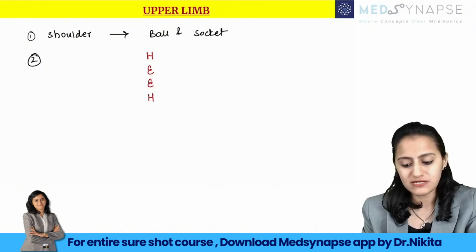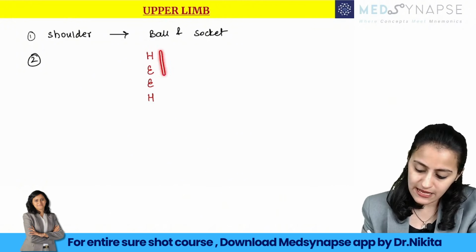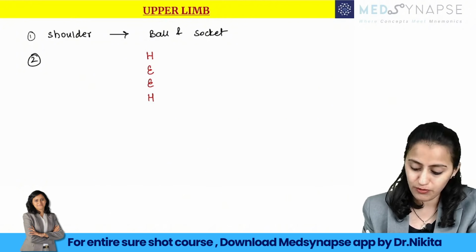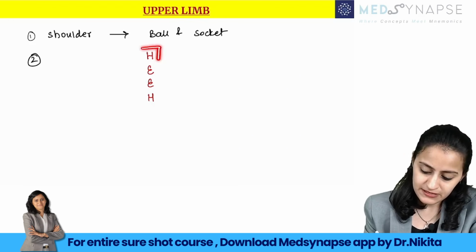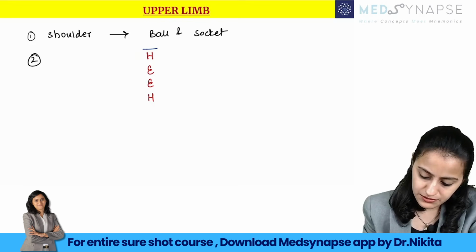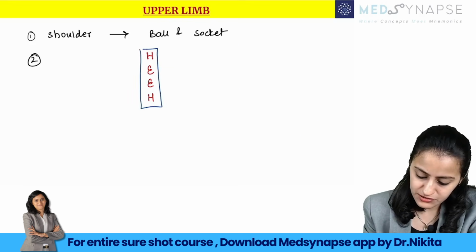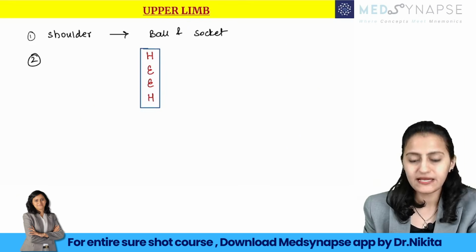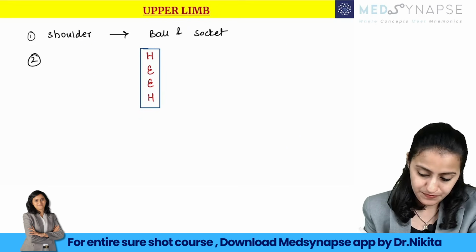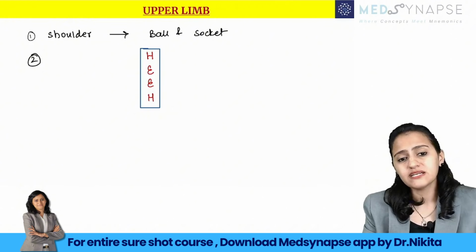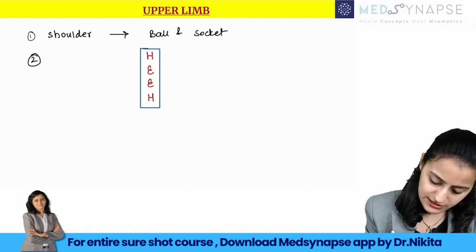What is a palindrome? A word that reads the same in the forward direction or the backward direction. Very important to remember this trick. So remember, it is H-E-E-H.